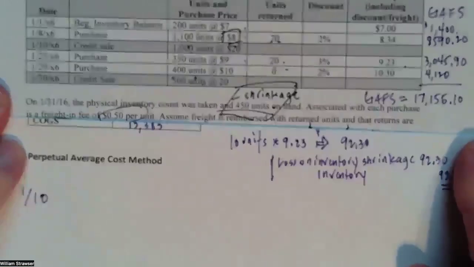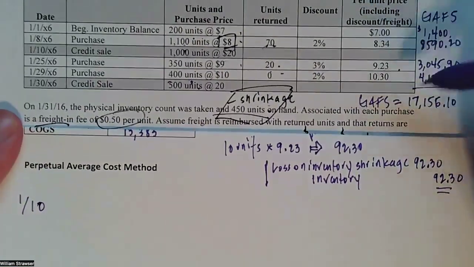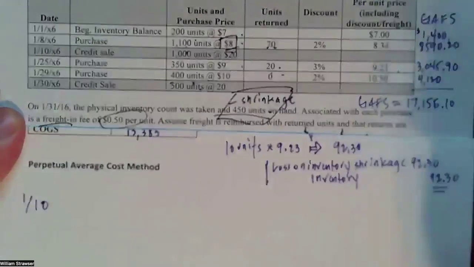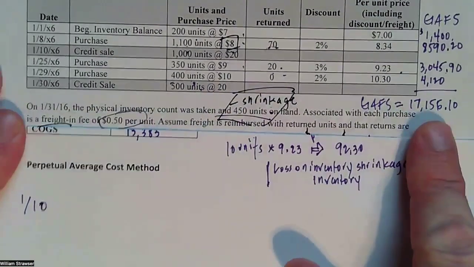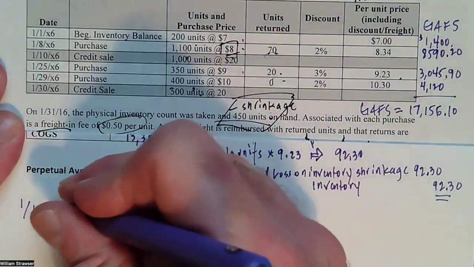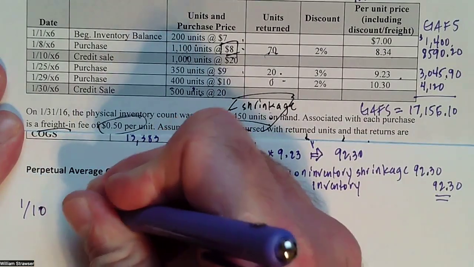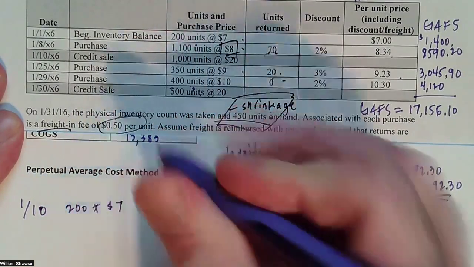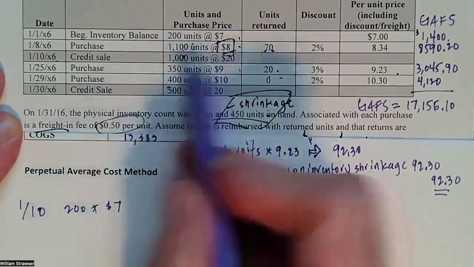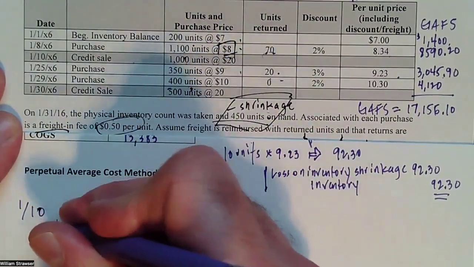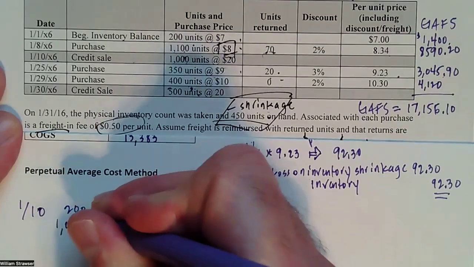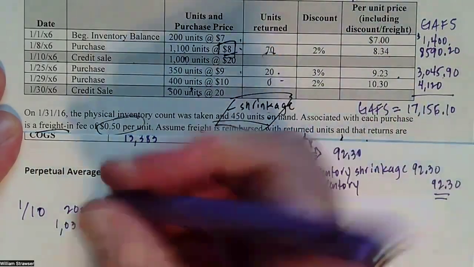Okay, so provided I have the goods available out here, I don't have to recreate everything, but I will recreate the numbers just to show you. I do have the 200 at 7. That's part of the inventory I have at 110. The other part is this purchase, but I only have 1,030 units at the price per unit.